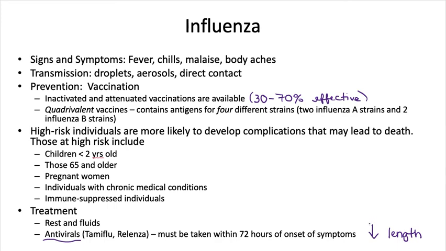It won't make you feel better right away like an antibiotic does with a bacterial infection. But the antiviral will decrease the time that you are experiencing symptoms by interfering with viral replication. So Tamiflu or Relenza are some of the brand names that are associated, and antiviral drugs have to be taken within 72 hours of onset of symptoms. So that means once you experience symptoms, you should see a doctor right away.